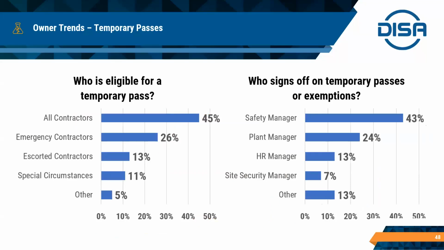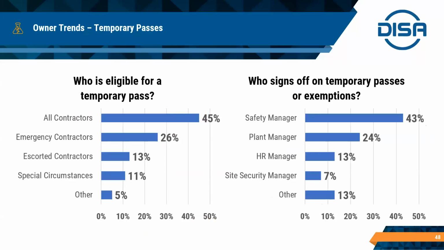When we ask, though, who is eligible for a temporary pass, you can see all contractors was listed at 45%, which means over half of the contractors looking for an exception need to have a specific circumstance, like emergency, like escorted, or some other special circumstance.